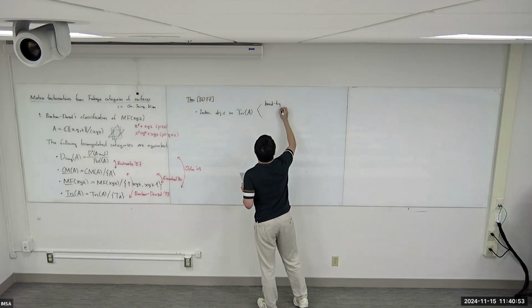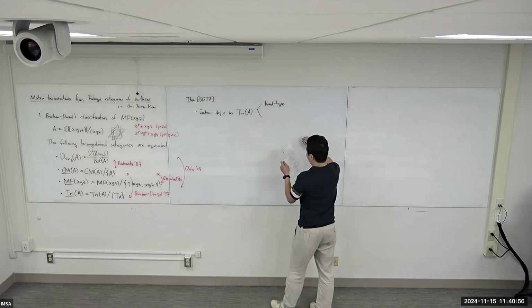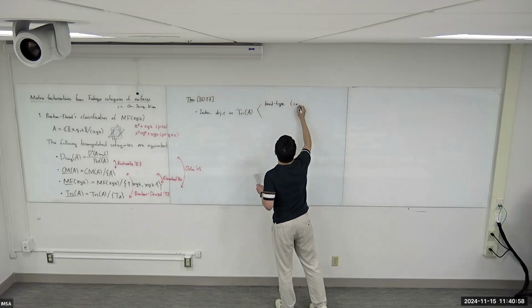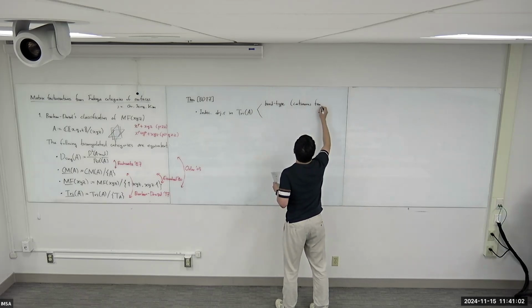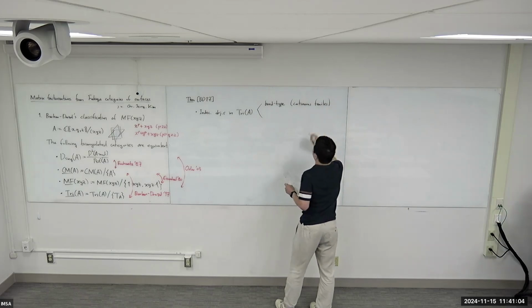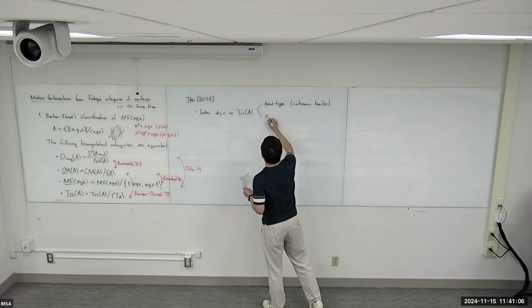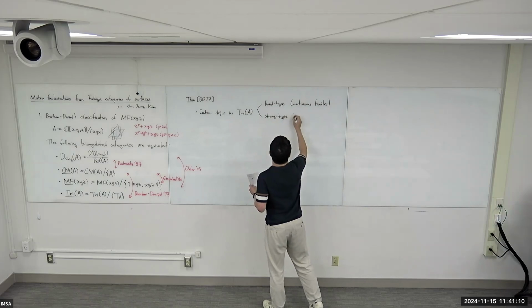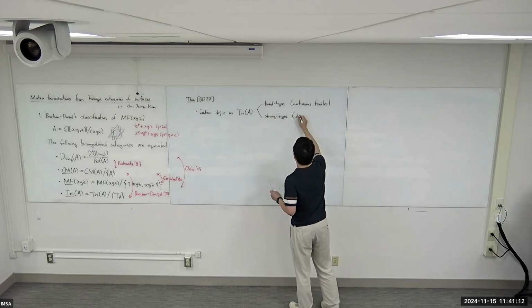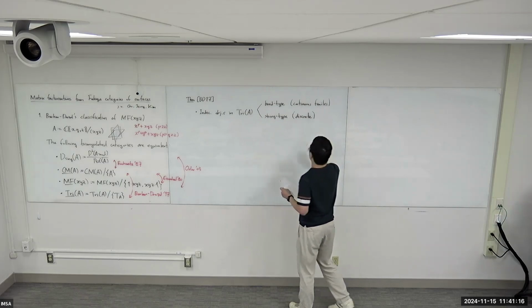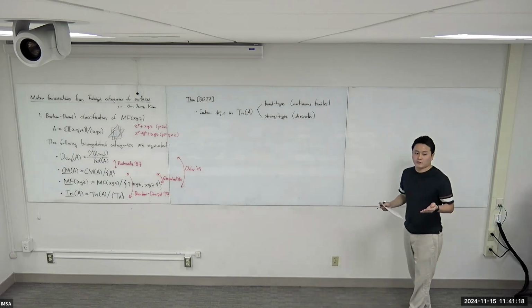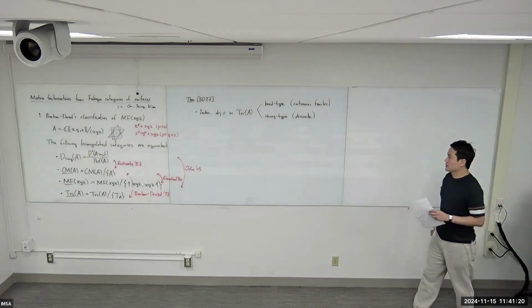First, band type, which come in continuous families. And another one is string type, which consists of discretely, countably many objects.